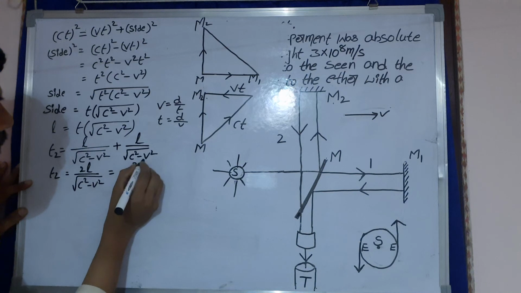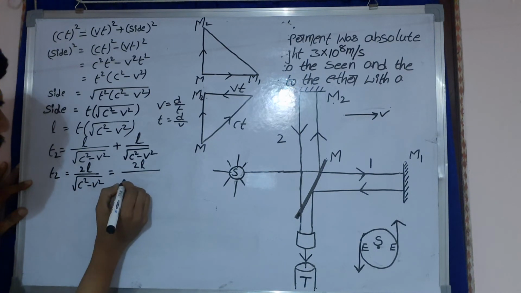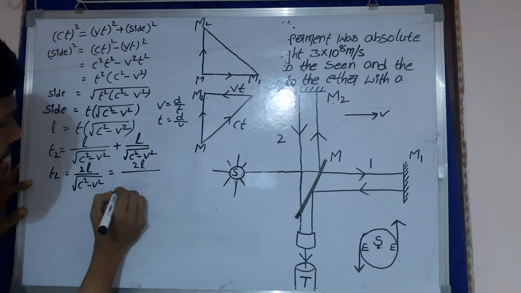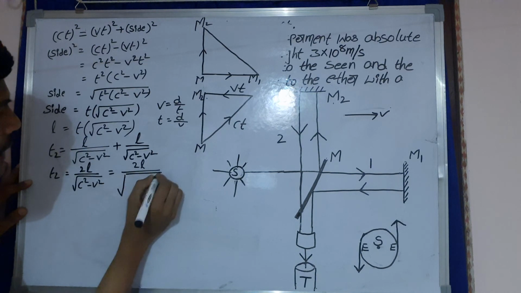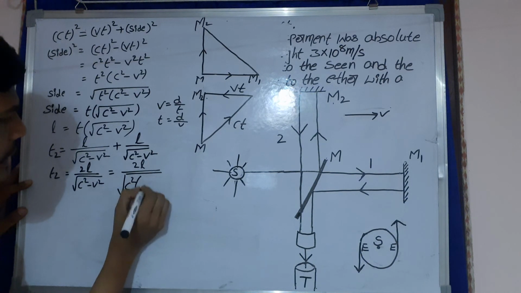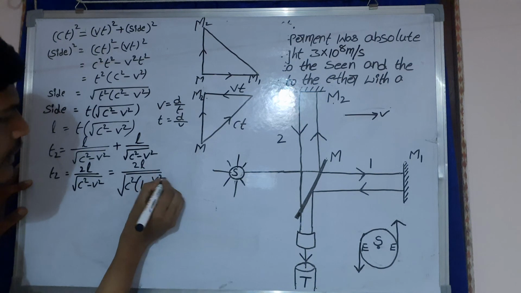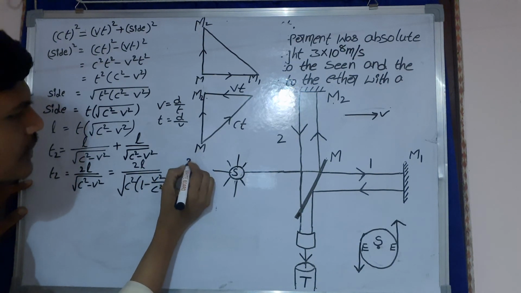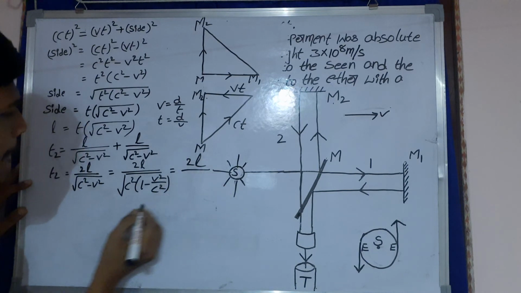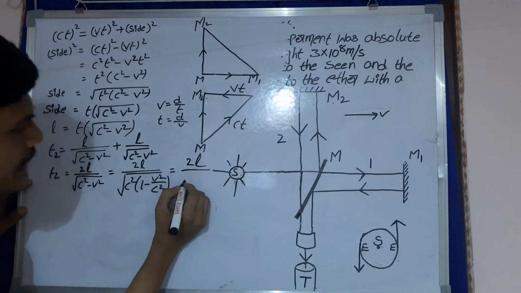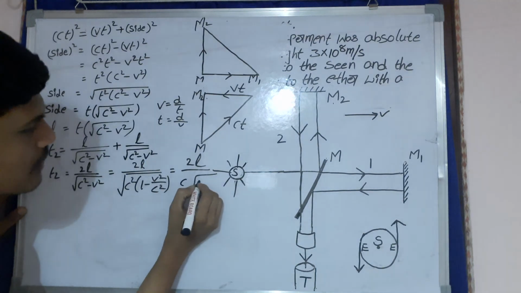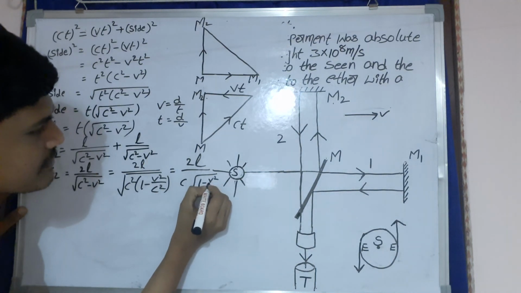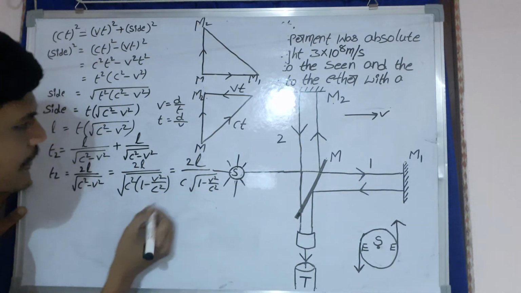That equal 2L by, so common term in c square, root over c square into 1 minus v square by c square. So that equal 2L by, root c square means c, root over 1 minus v square by c square.